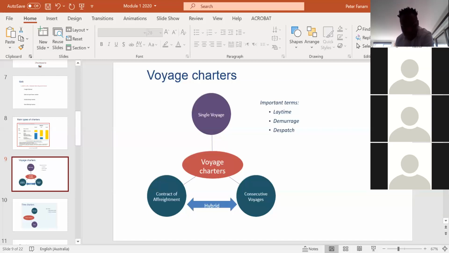Contract of affreightment is different because in a contract of affreightment, the charterer who has the cargo, the cargo owner, comes to the ship owner with a cargo and tells the ship owner: I have this big tonnage of cargo to move, and I want you to carry this cargo for me, but not on consecutive voyages, but within a certain period of time.